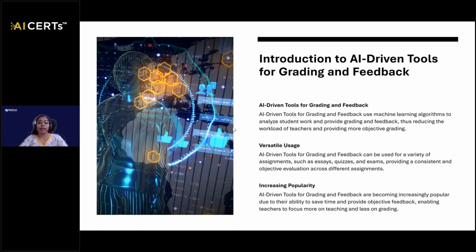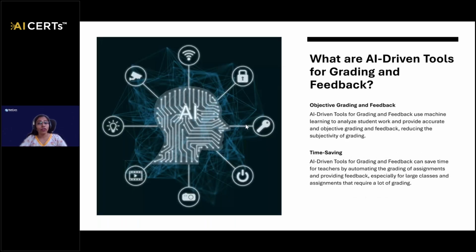Then we get another question: what are AI driven tools for grading and feedback? So, objective grading and feedback basically uses, as I said earlier, machine learning algorithms to analyze the student work and provide accurate and objective grading and feedback. And it reduces the subjectivity of grading.